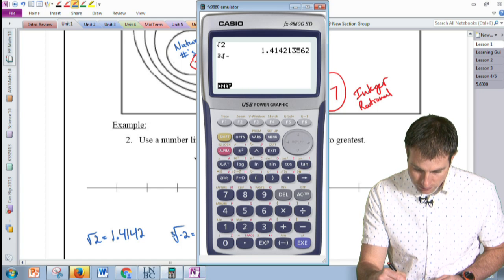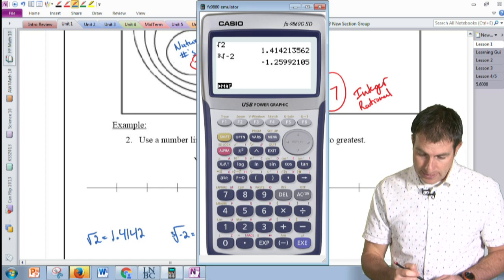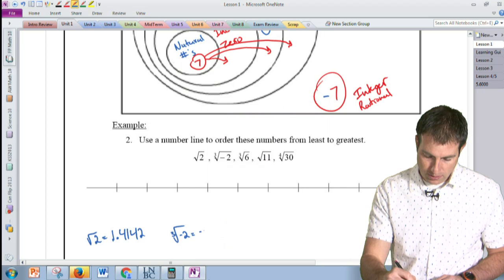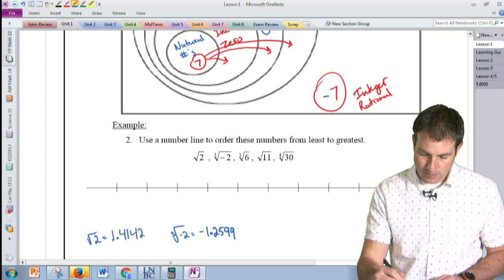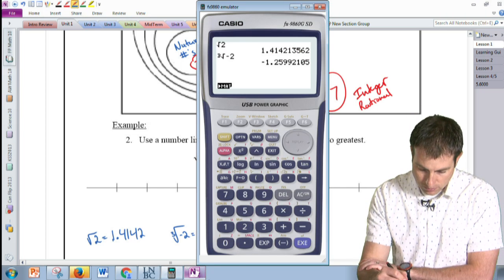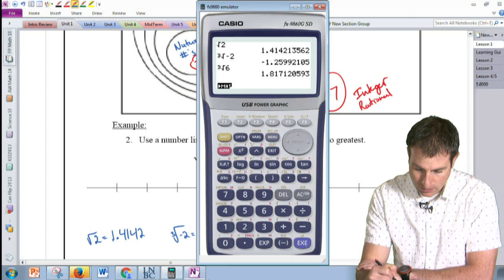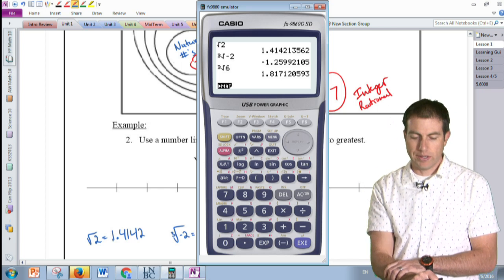Cube root of negative 2, negative 1.2599. All right. The cube root of 6. Shift, get this cube root button again, 6, 1.8171.